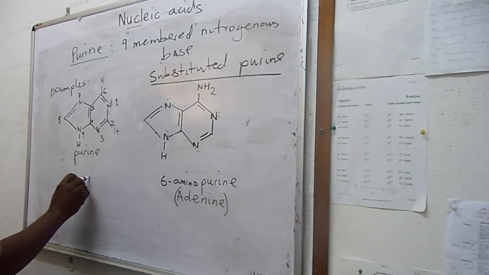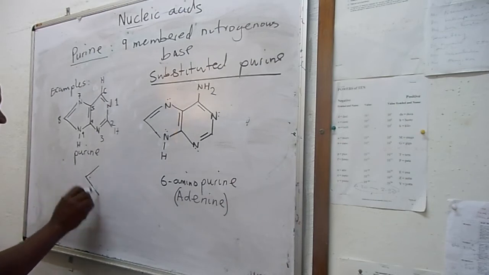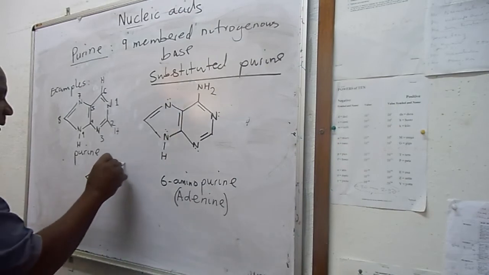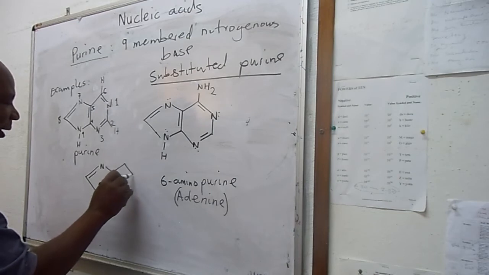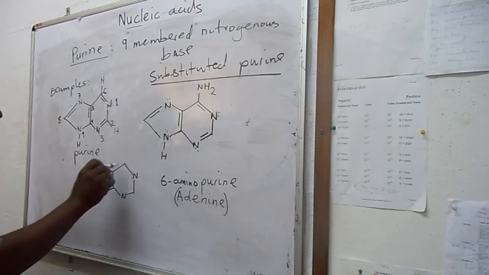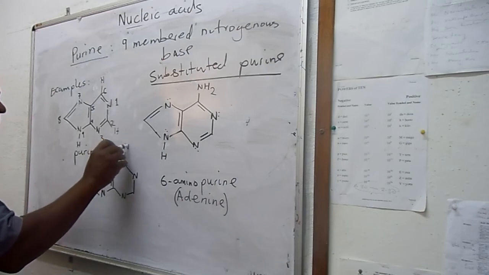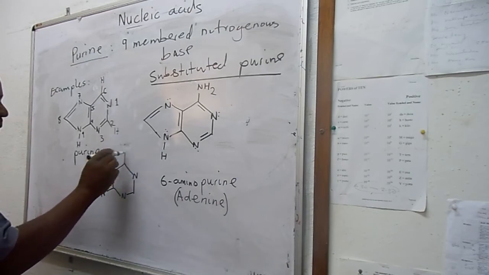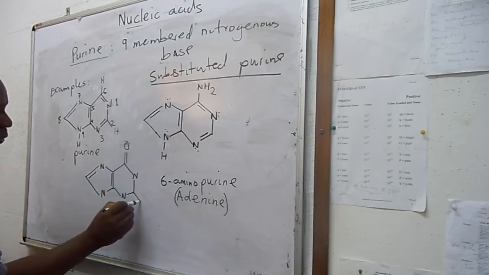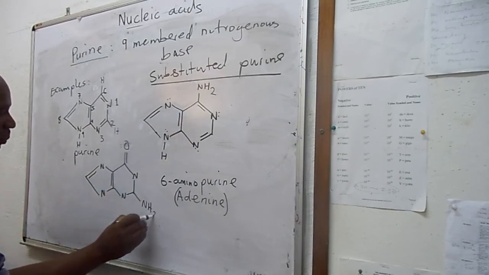So what do I have if I do that? I have a double bond there, there's a nitrogen there, there's a nitrogen there. So at position number 6, I've introduced an oxo group, and at position number 2, I've introduced an amino group.